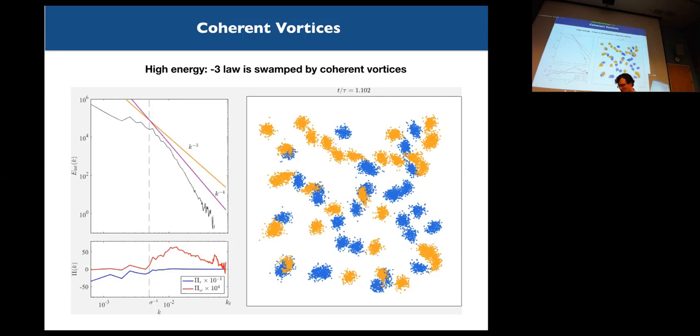No, everything that's being shown here is entirely due to the distribution of the vortices. The -3 that you would get in GPE relies on you putting the core structure in, which you can do because we know the analytic structure of the core. But here I've just completely neglected it.